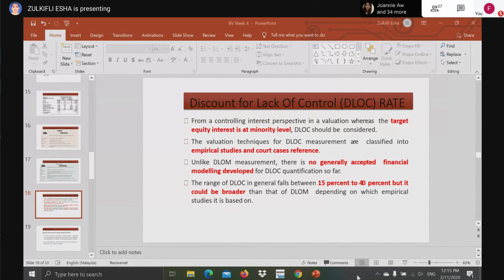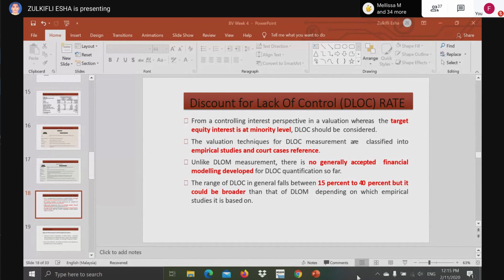If there are any court cases that we can refer to, we should refer to the court cases. If there are no court cases, we may need to use some empirical studies as our basis of determination for the discount for lack of control.